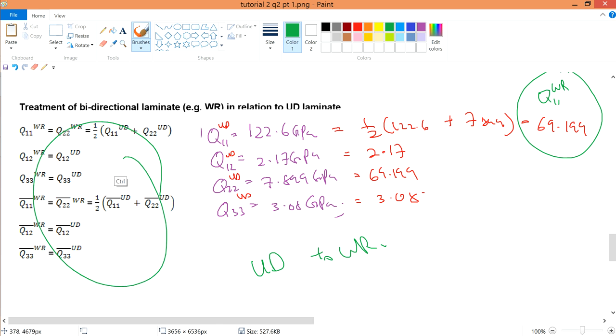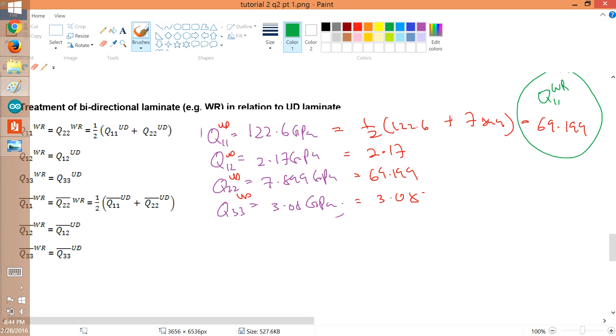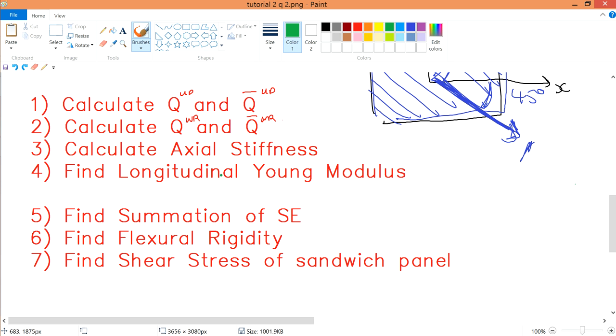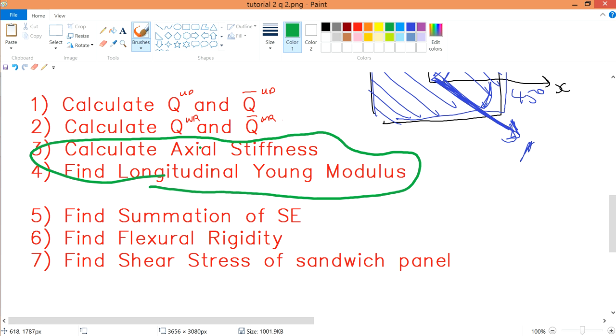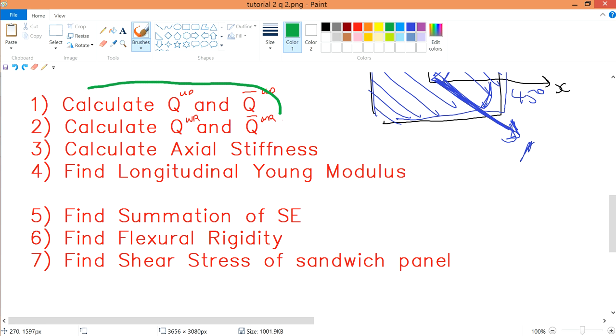So this is how you convert from unidirectional to woven roving. Nonetheless, you can also convert back from woven roving to unidirectional. It all depends on how you're going to use them. In the next video, we'll calculate the axial stiffness and hopefully the longitudinal Young modulus, which is also quite straightforward, because the only problem is this thing. Once you settle this, the later part is quite easy. I shall see you then.